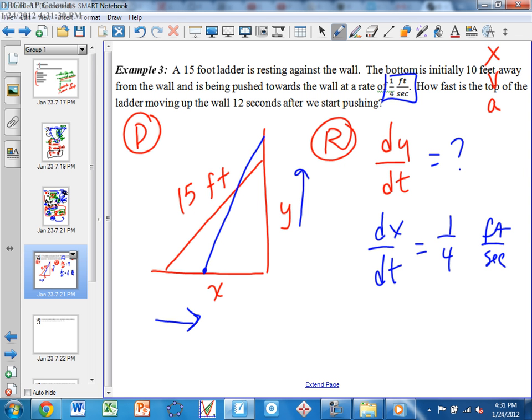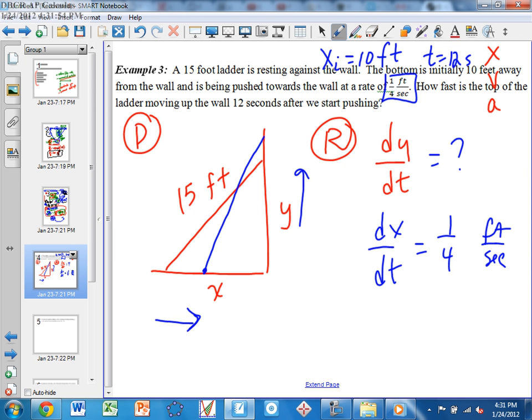So if I want to list this, I would call this x_i equals 10 feet, meaning the initial position, x meaning the position along this way, is initially 10 feet from the base. We are also told that the time we're looking for is 12. But again, that doesn't fall into any category just yet.